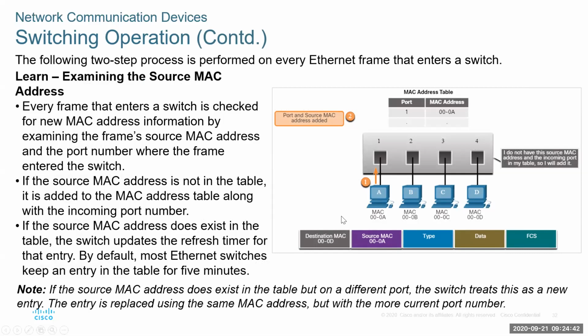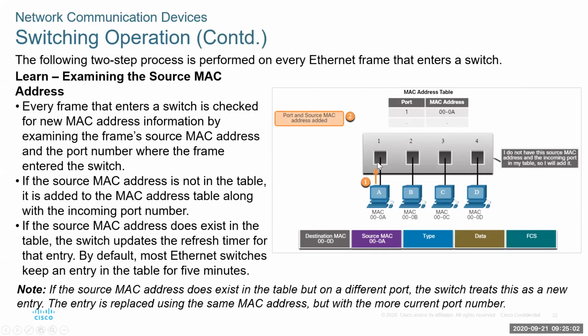You'll see this when you first send traffic from PCA. The switch will say, I don't have this source MAC address in my table. The incoming port is now in there, so it's going to log it. So PCA sends traffic, it comes up to the switch, and the switch says, I've never seen your MAC address before.